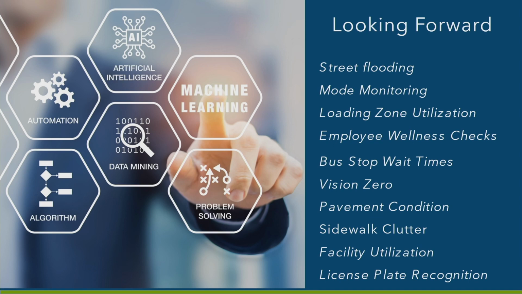Can we detect standing water on roadways and set up alerts, et cetera? Mode monitoring. So obviously traffic is important. Are people on bikes? How long are they waiting for buses? Are they walking? Where are they walking? Parking is also important. So we can look at loading zones and their utilization.